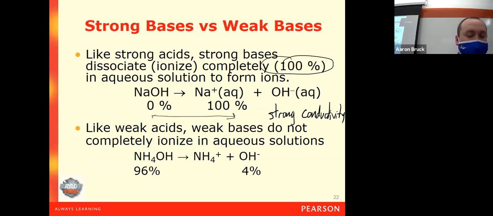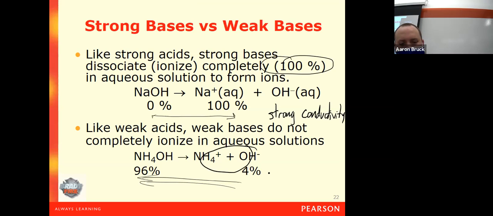Weak bases do not do the same thing. Weak bases, we tend to see the majority of the material, even though it is dissolved, stays undissociated, stays as a molecule. And so we do see conductivity. We still do have ions present, but that conductivity is relatively weak.